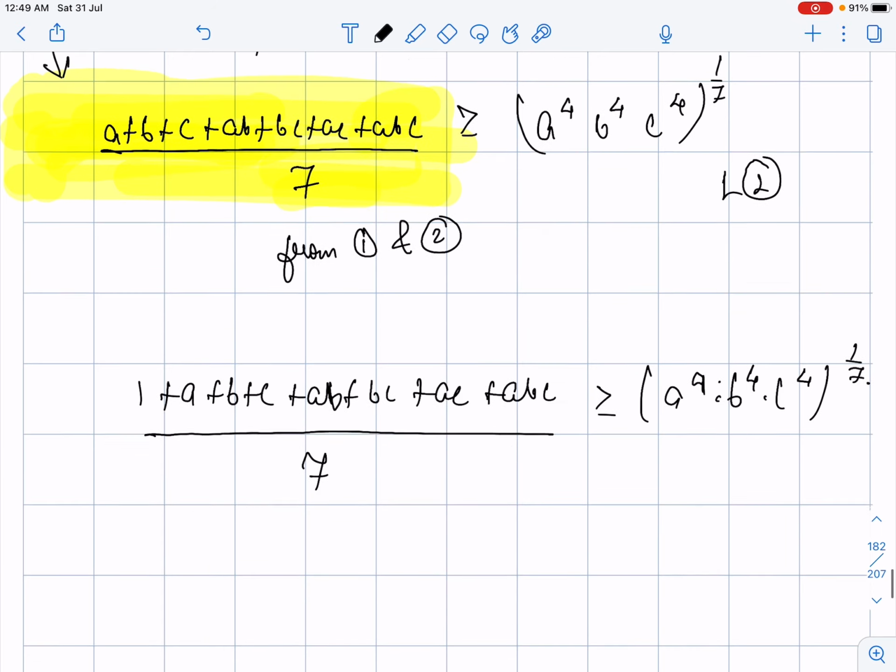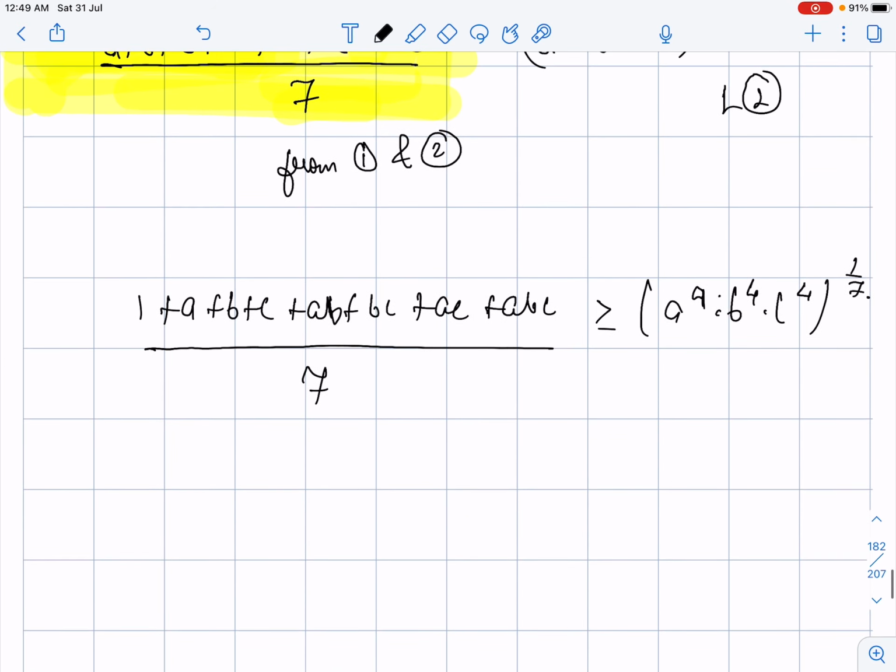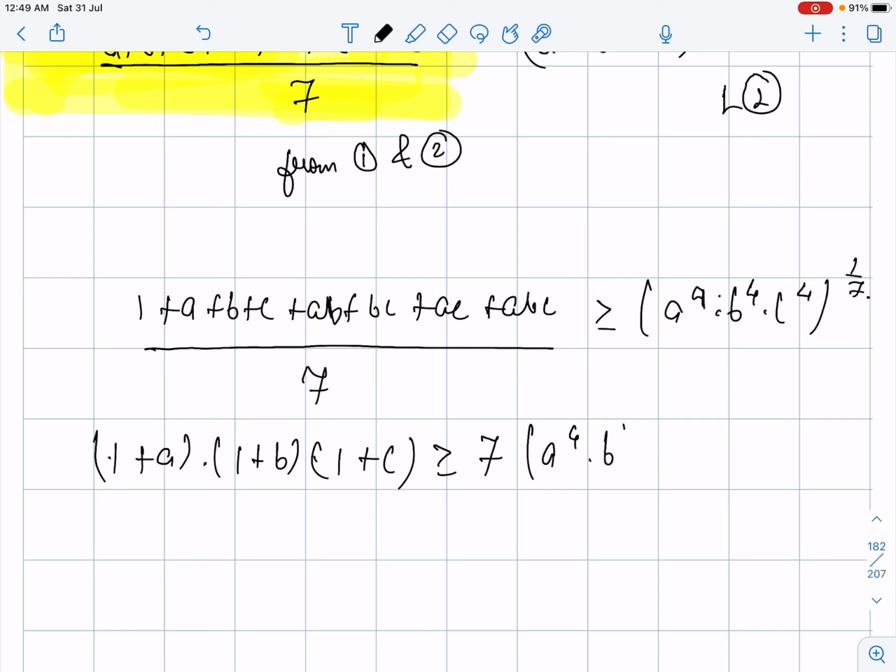Proceeding further, this can be written as 1 plus a multiplied by 1 plus b multiplied by 1 plus c whole divided by 7. Or let's cross multiply: it is greater than or equal to 7 multiplied by a power 4, b power 4, c power 4 whole to the power 1 upon 7.